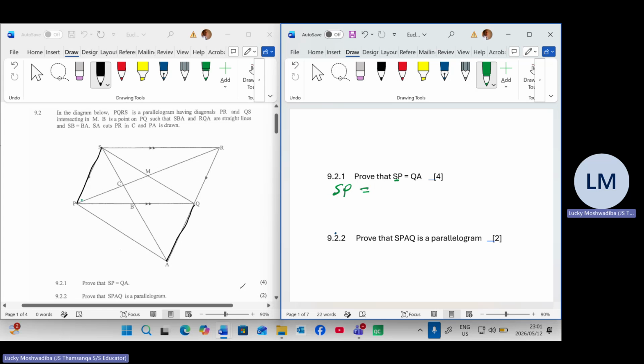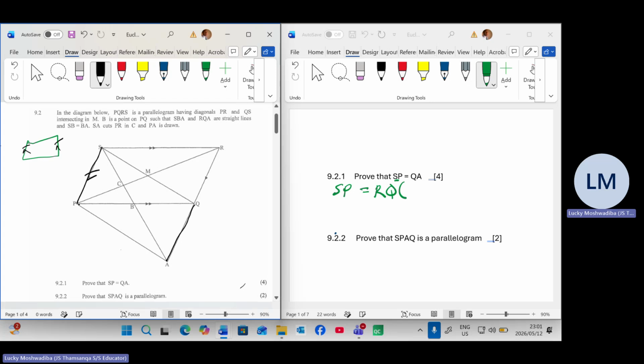I do know that SP in length will equal RQ. I have no reason why I write it like that, but we definitely do know that SP will equal RQ. It is the fact that in any given parallelogram, the opposite sides are parallel and equal. So this implies that SP is equal to RQ.